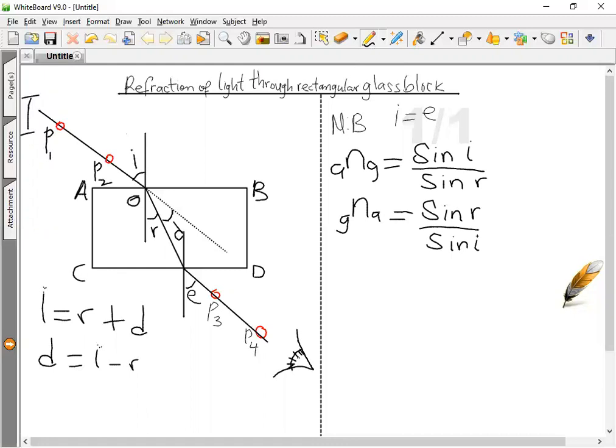In this case, the angle of refraction is serving as the angle of incidence, because this angle of refraction here is the angle of incidence here. I think you understand what I'm talking about. The angle of refraction here is equal to this angle here. I'm sure you know that mathematically. So which means your angle of refraction here is serving as angle of incidence here.